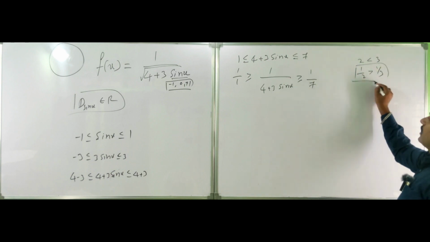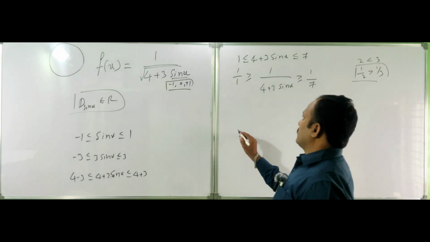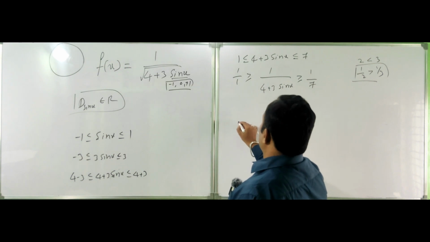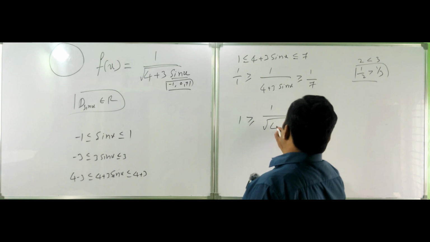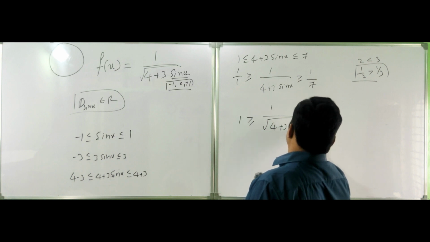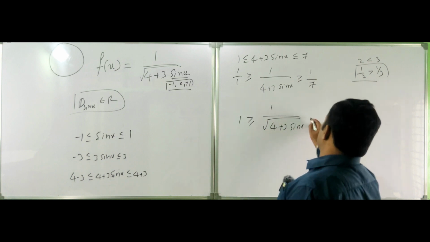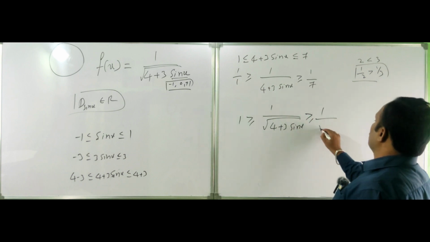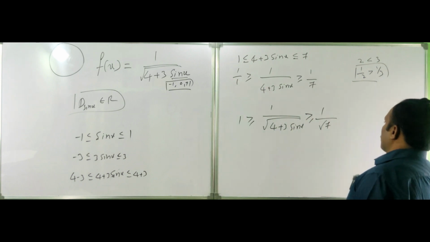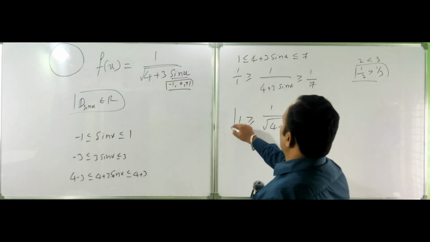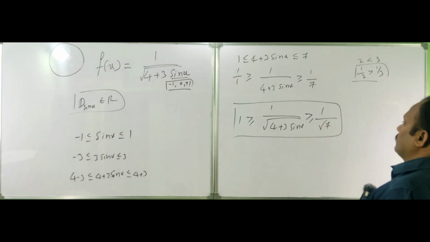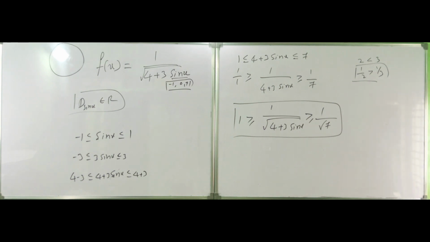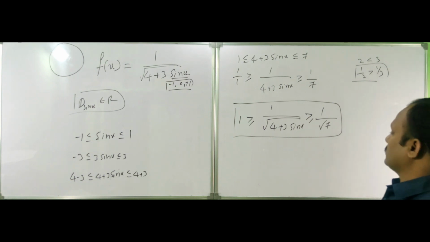Yes, then that applies. Taking the square root, it becomes 1 by the square root of 4 plus 3 sin x, which is greater than or equal to 1 by root 7. Okay. 1 is greater than or equal to 1 by root 4 plus 3 sin x, greater than or equal to 1 by root 7.